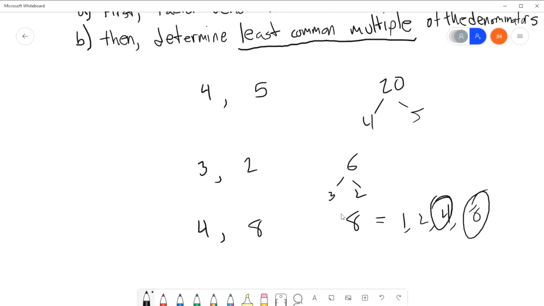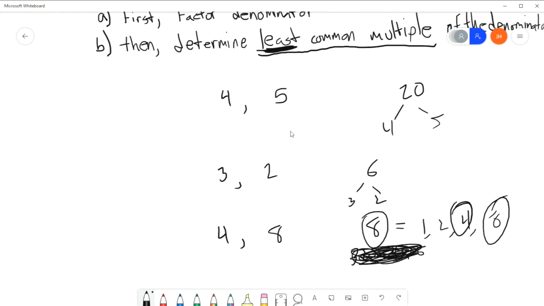So you can see it's called the least common multiple because, yes, 32 is a common multiple for 4 and 8, right? Because 4 times 8 is equal to 32. But I'm looking for the smallest number which still has both of my numbers as its potential factors.